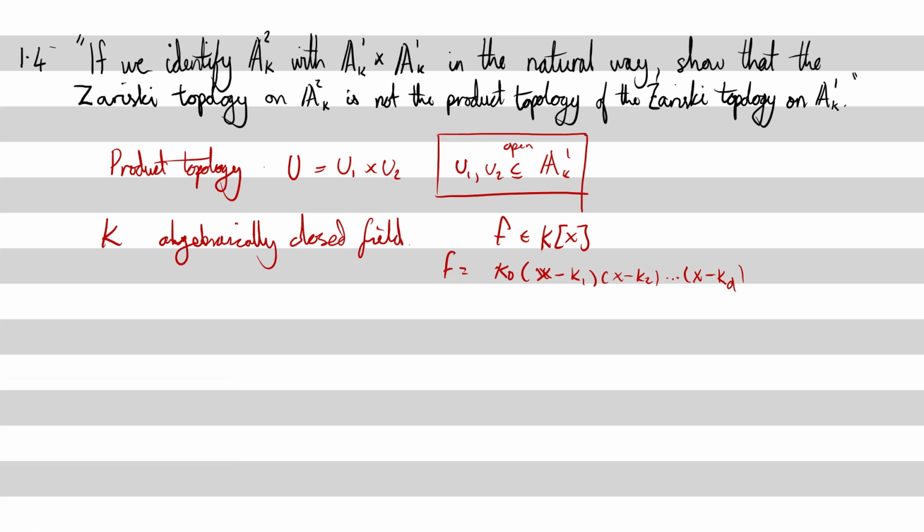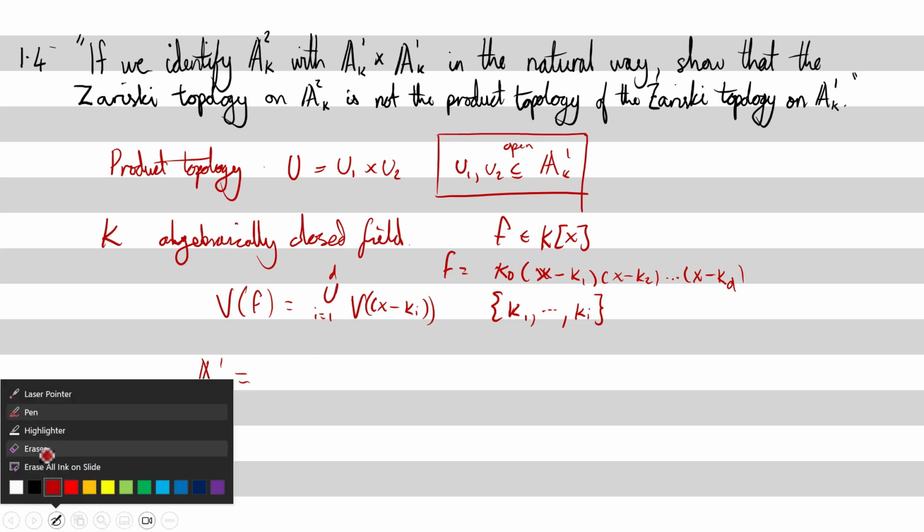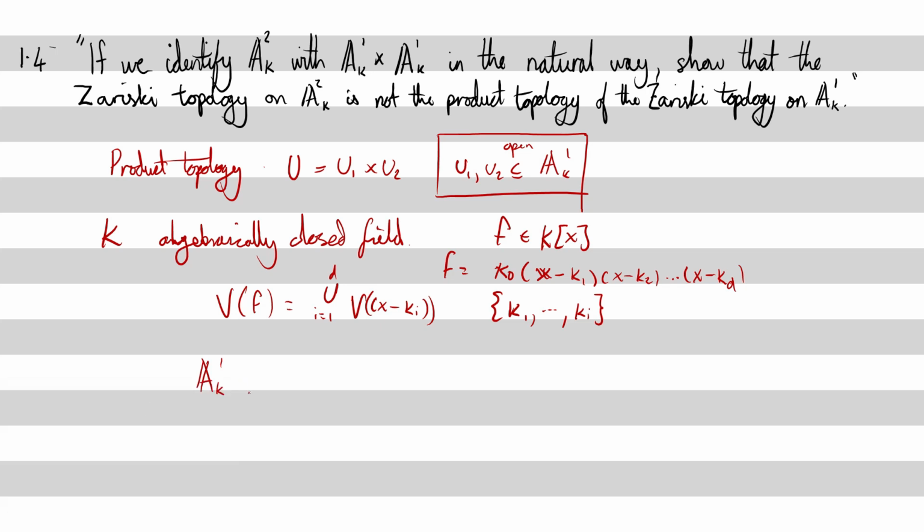Therefore, V of f is going to be the union over i equals 1 to d of V of (x minus ki), i.e. it is going to be the set {k1, ..., kd}. Therefore, a Zariski open subset of the affine line is going to be AK1 without these points, k1 dot dot dot kd.